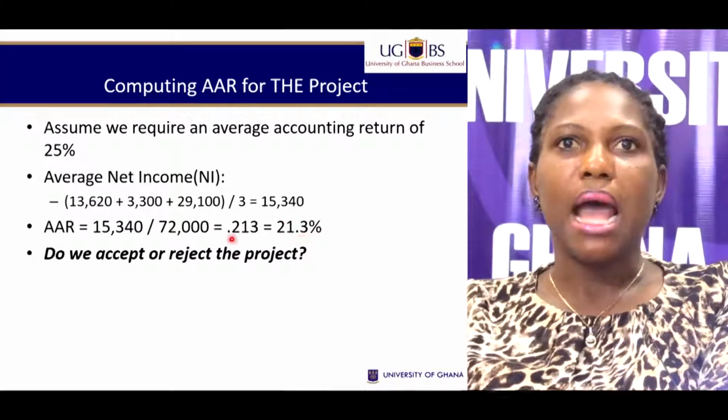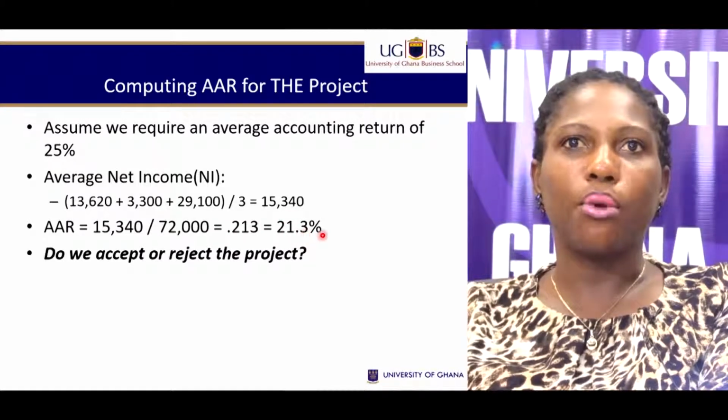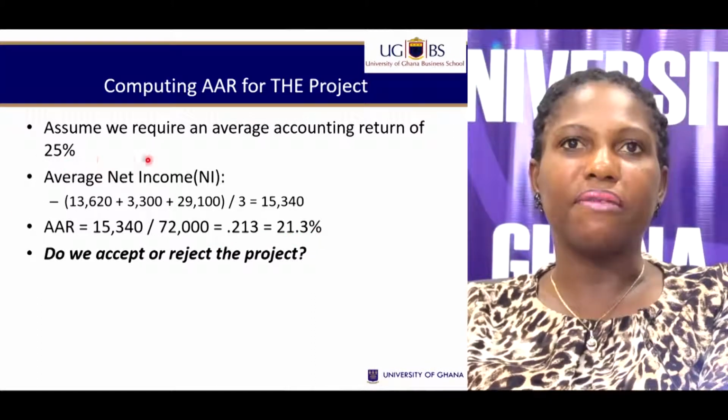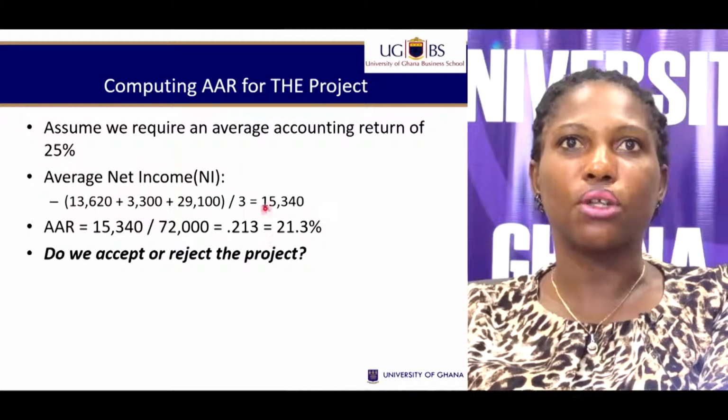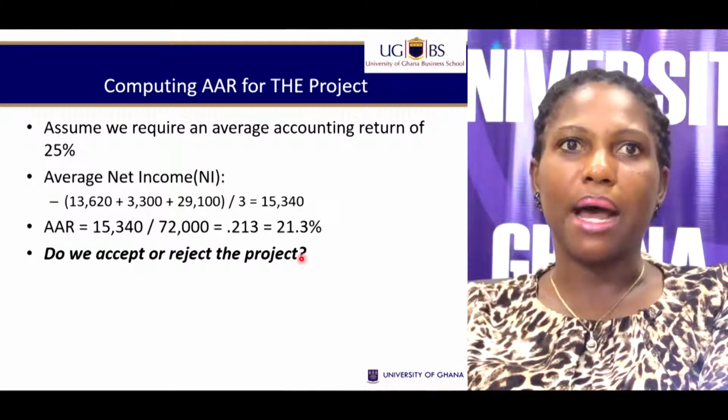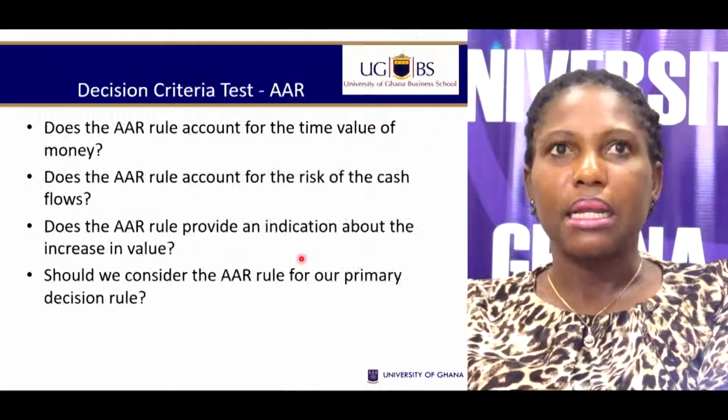It means that at a rate of 21.3%, though profitable, we are likely to reject the investment because it falls short of the required rate that has been set by management.